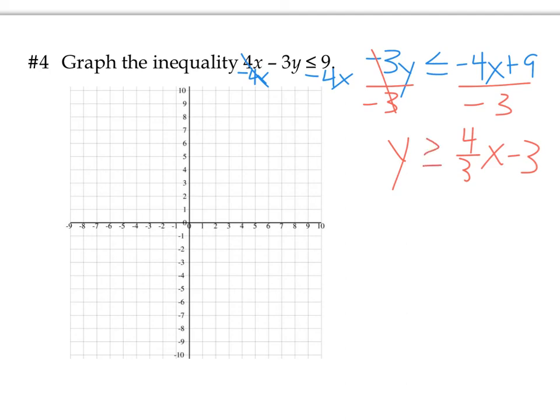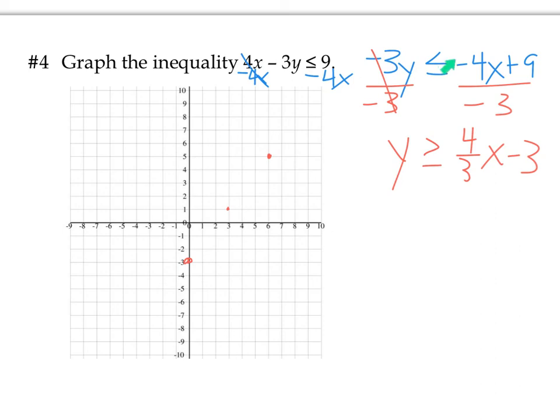Okay. Now, we could graph this boundary line and then test a point to shade. So I'm going to go to negative 3 on my y-axis. Then I'm going to go up 4 and over 3. Then I'm going to go up 4 more and over 3. And I could go from my y-intercept at negative 3 down 4 and left 3, right?